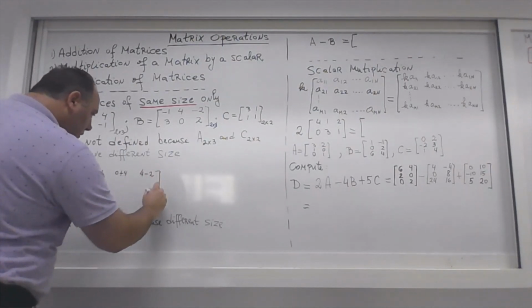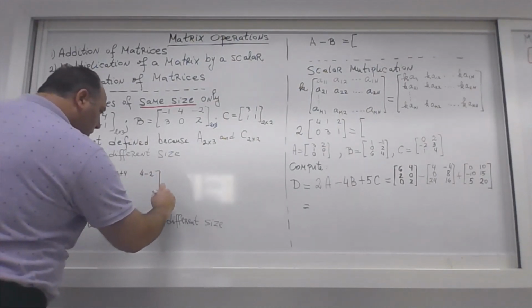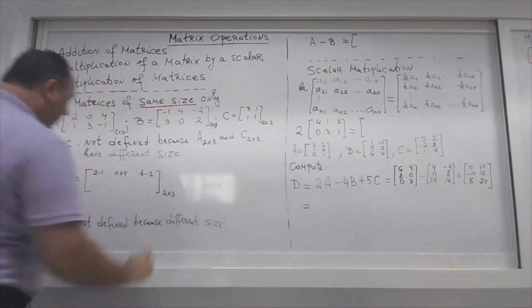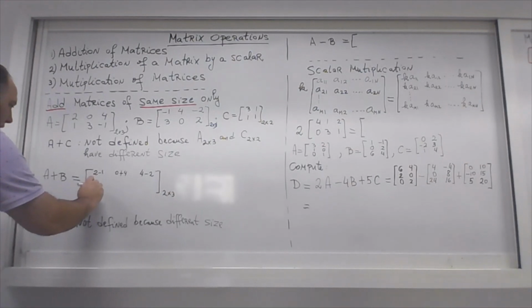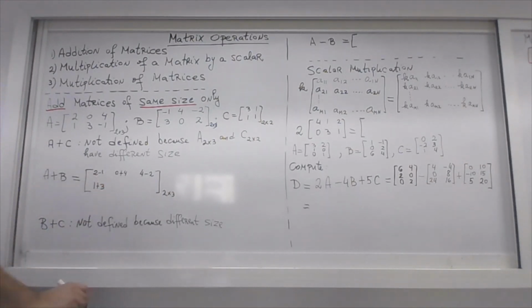Okay. This will also be a 2 by 3 matrix. Now, to fill in entry 2, 1, I take entry 2, 1 from A plus entry 2, 1 from B. So 1 plus 3.